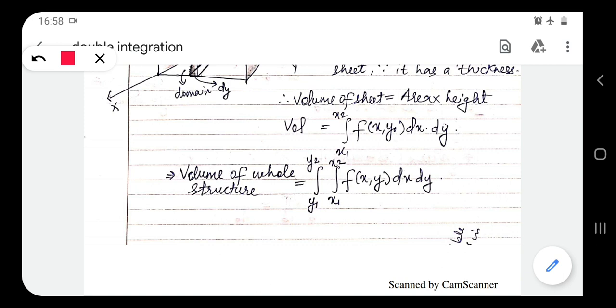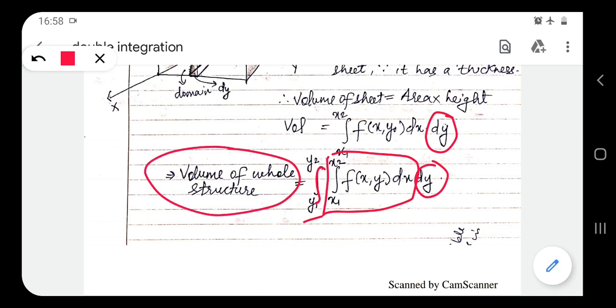Instead of adding, since y is continuous, I'm not going to take a summation, I take the integration directly because of the continuous variable. So integration of this with respect to dy of the volume of one slab gives you the total volume of the structure bounded by that surface and the coordinate planes.